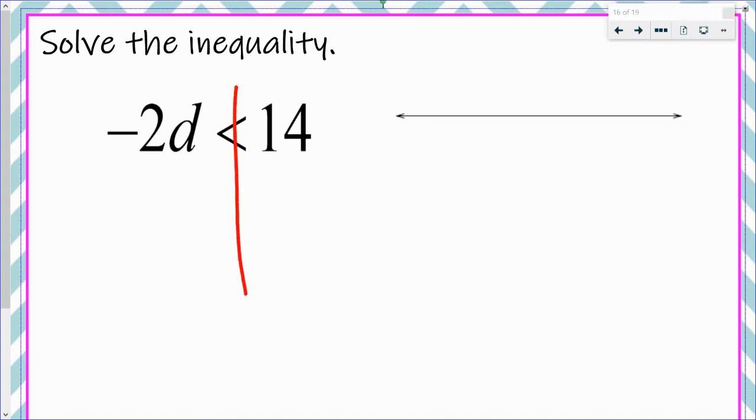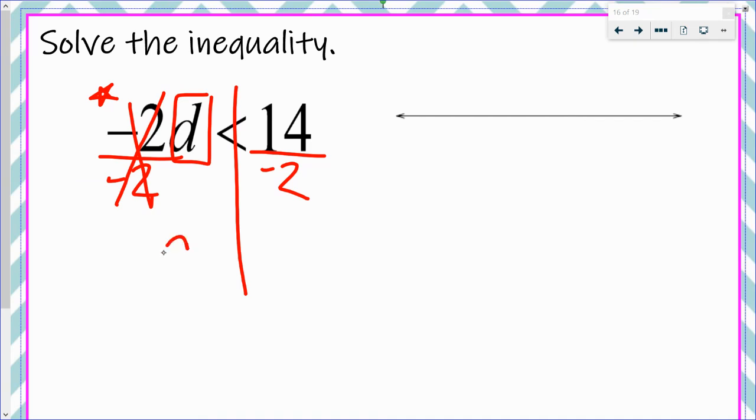So I have this negative 2, which is multiplication. See how it's negative? Okay, this is a special case problem. So I would choose to divide by a negative 2. But since I'm dividing by a negative number, my inequality sign would now flip and I would get negative 7.